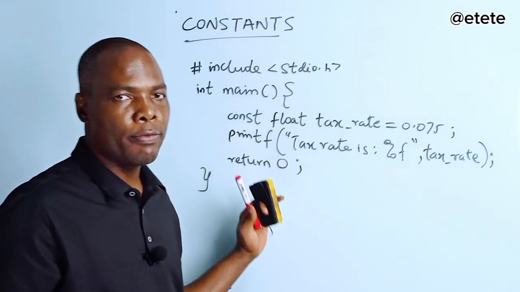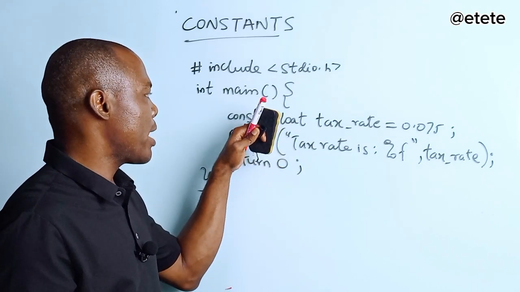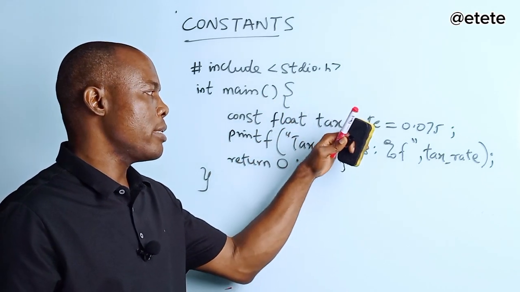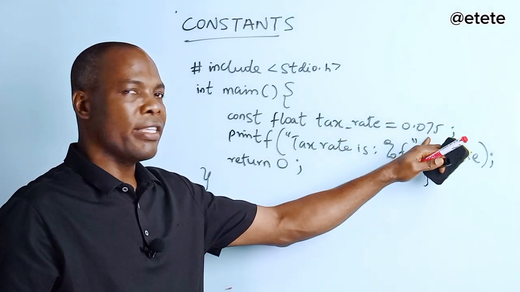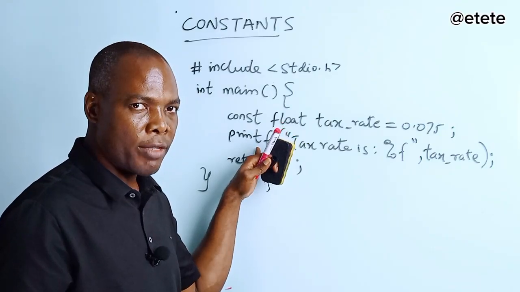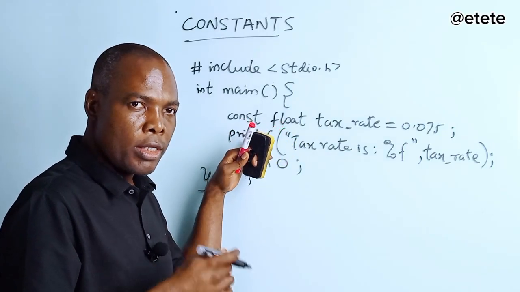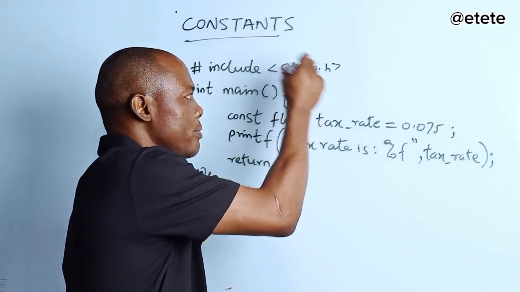Now, this is just a different way of declaring a constant in your program. So I've declared a constant of type float, and the name of that constant is what? tax_rate. And then I'm giving this value to it. So it will come here, and this printf, which is a function, I told you, the place where you are going to get the definition of this printf is here.